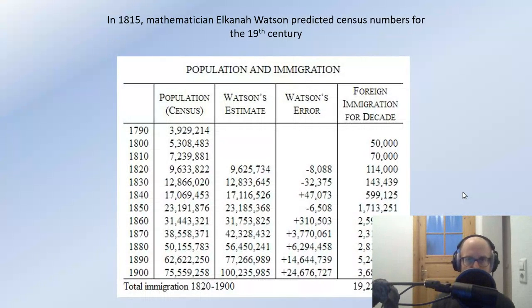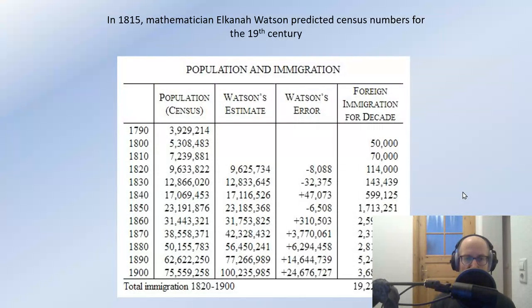But before we do, there's this interesting table that I want to share with you. So after America won what some call her second war of independence, right? The War of 1812, which solidified America's independence from Britain. The mathematician Elkanah Watson was really concerned that America was going to become overpopulated. Yeah.